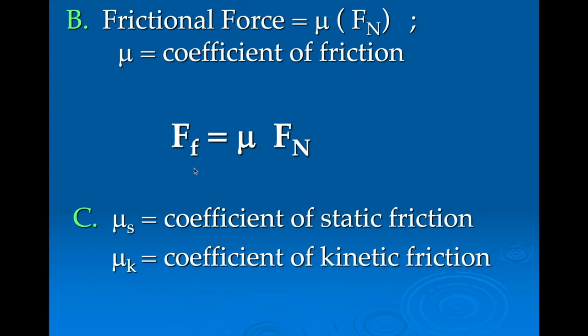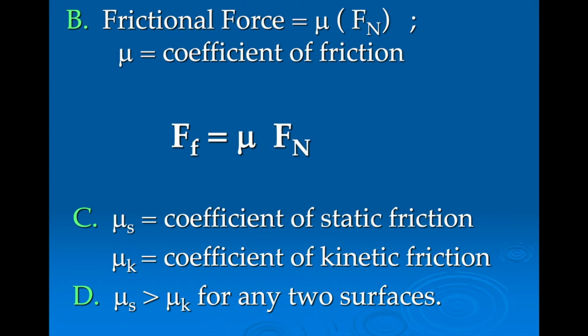And if we're trying to calculate the force of kinetic friction, we would use mu sub k. Static friction is always a greater force. So static friction always exceeds kinetic friction, which means the coefficient of static friction always is larger than the coefficient of kinetic friction.